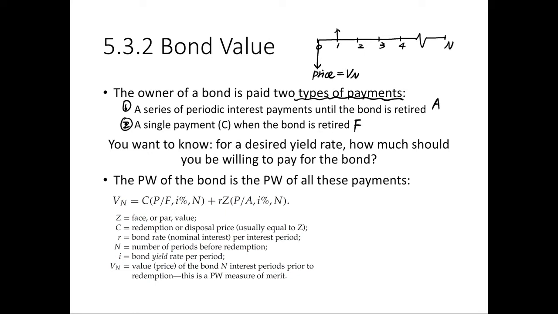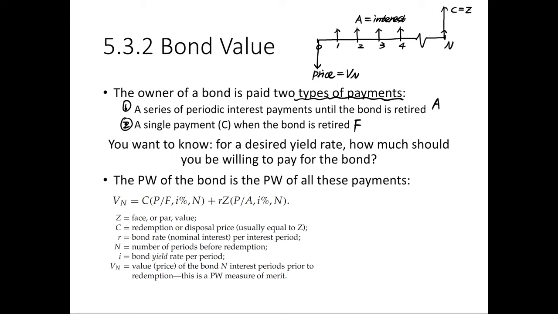So every compounding period, you get some interest. Okay, so that is A. And then in the end, you get an additional lump sum, which is called the C, the redemption. Usually the C equals the face value of the coupon.